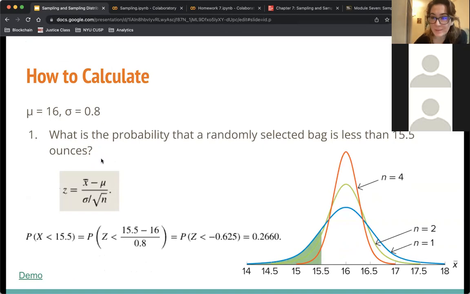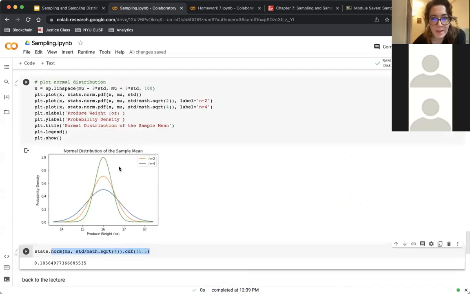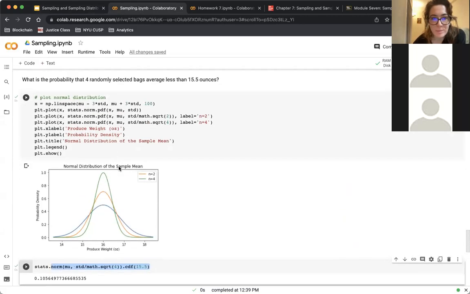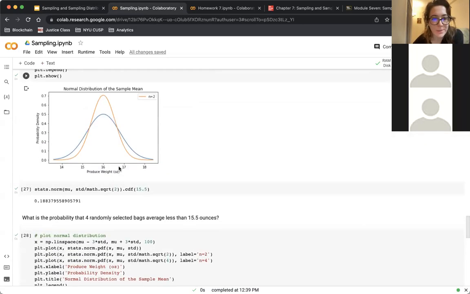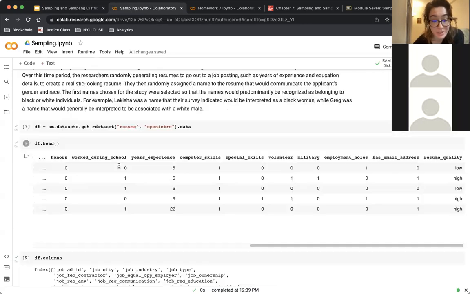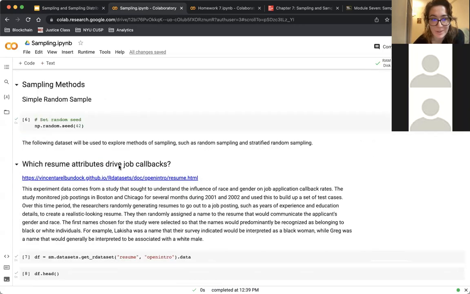I have a question. Yeah, sure. Because this is a random sample, did you not have to set a seed for that because you already set it earlier in the notebook? Or is that a question that doesn't really need you to set a seed? Yeah, I'm pretty sure, but I would need to check again.